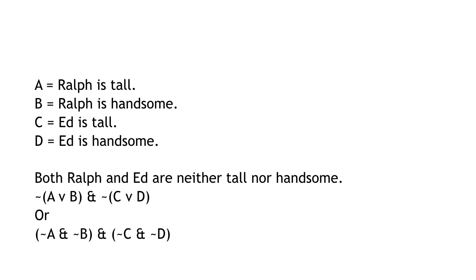Now think about what this statement is saying. It's saying, well, for both of these guys, that Ralph is neither tall nor handsome, Ed is neither tall nor handsome, right? Well, how do we symbolize that? Well, there are actually two different ways, right? So, first of these says not (A or B) and not (C or D), right? And it's important when we put the not here and the parentheses, right? So, this not (A or B) is only true if A and B are both false, right?